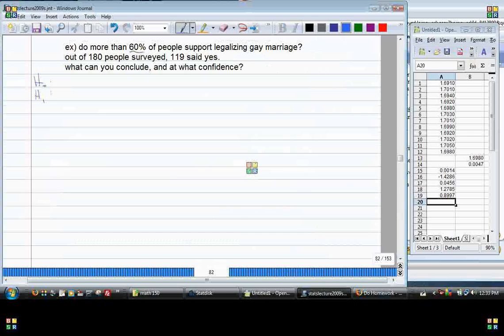More than 60%. Okay. So how do we write that down for H0, H1? H0: p equals 0.6, and for H1: p greater than 0.6. P greater than. Yeah. Right.